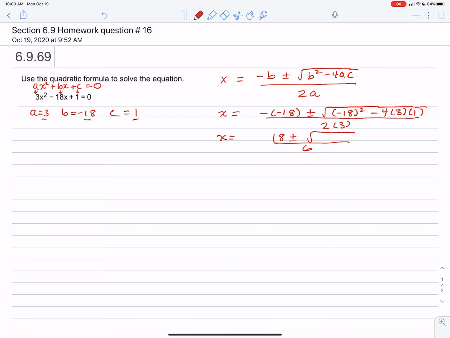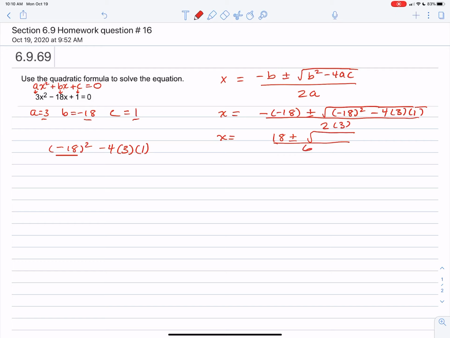So I'm going to evaluate the contents of that radical over here, where I have a negative 18 squared minus 4 times 3 times 1. Now you could enter it just like that, all in one line in the calculator. Or we could follow the order of operations. Doing exponents first. So negative 18 squared.